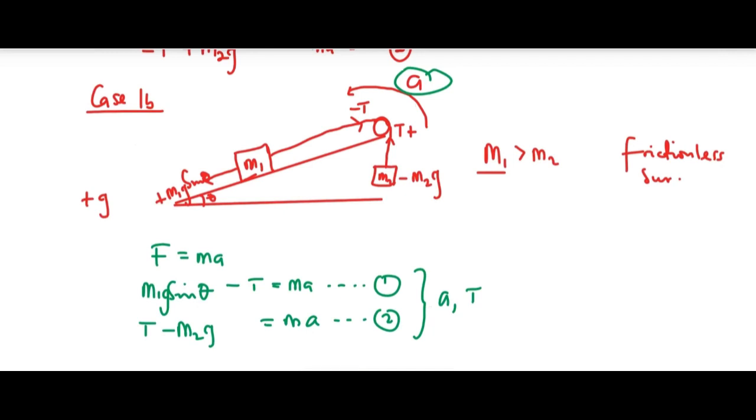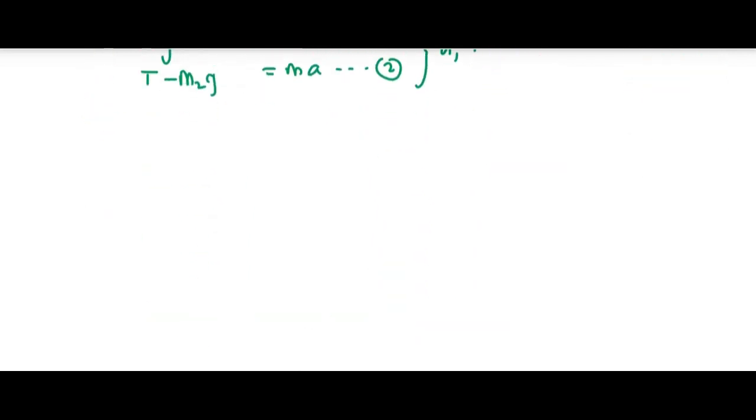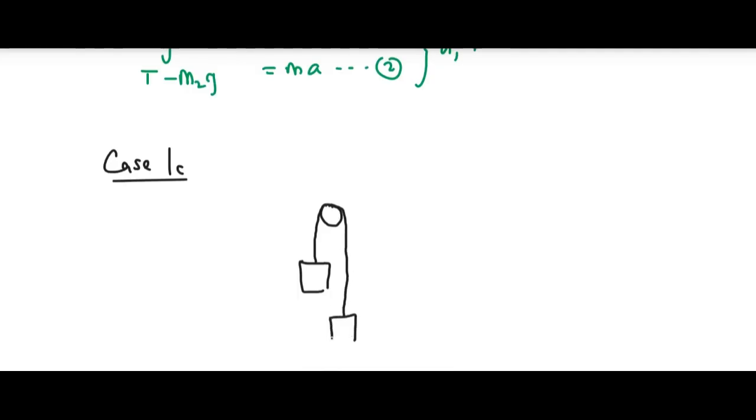For the next case, we have case 1C. So I have something of this nature, right? There's the pulley here. Let's assume the mass is right here, and the second mass is at the other end of the string.